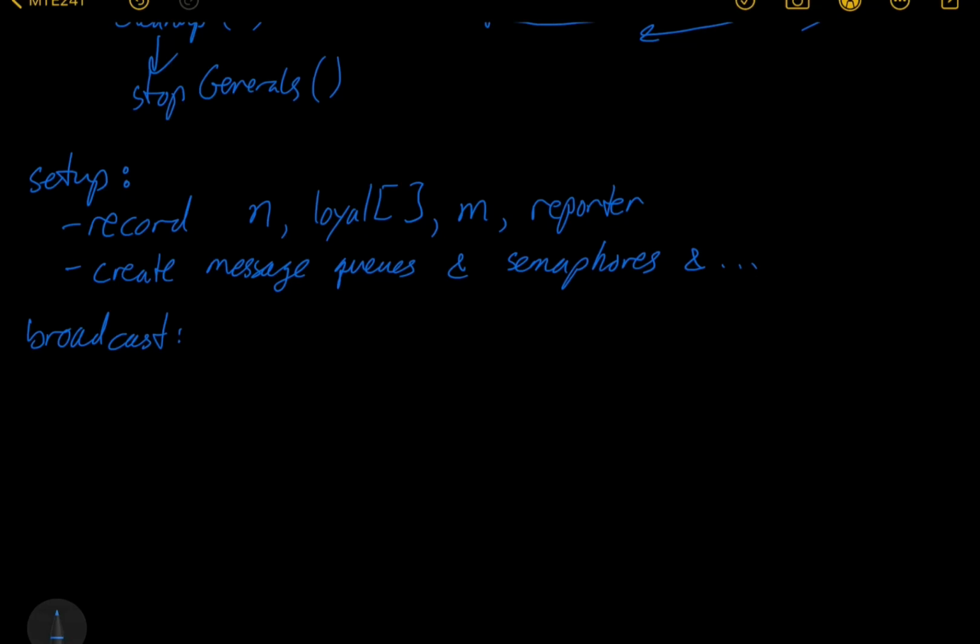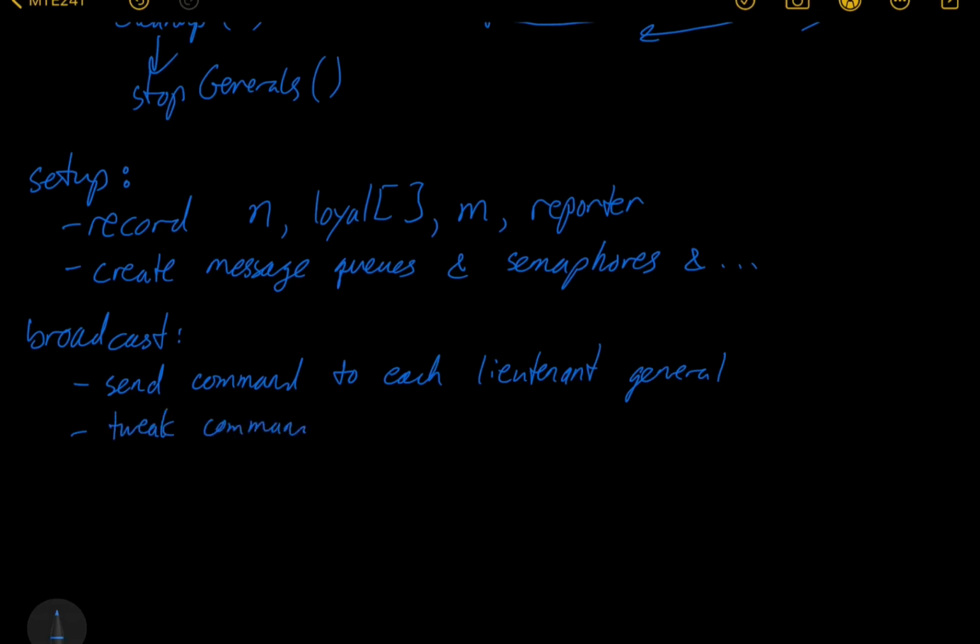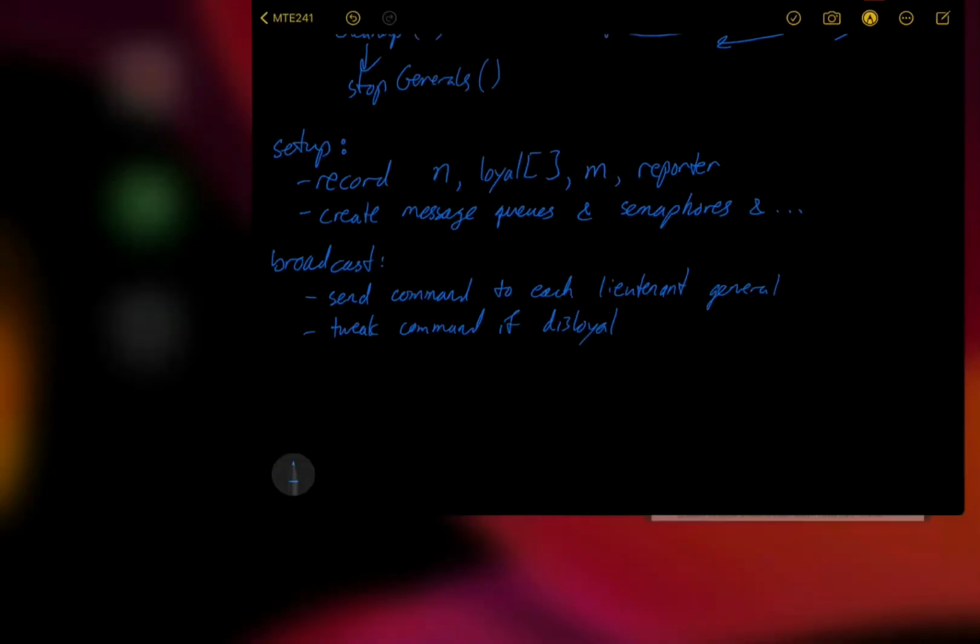So it's going to send the command to each lieutenant general. Now it should tweak the command if it is disloyal. So that's part of the spec. I'll go back to it now.